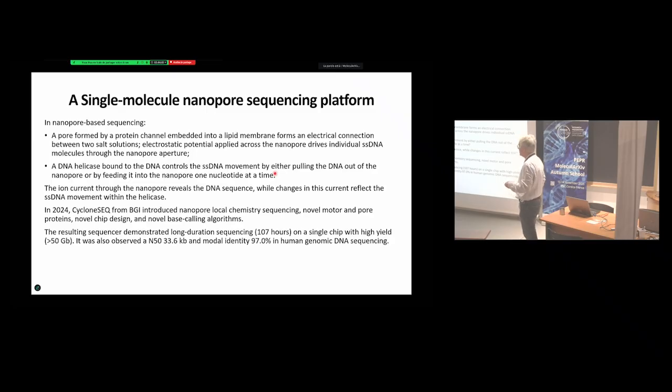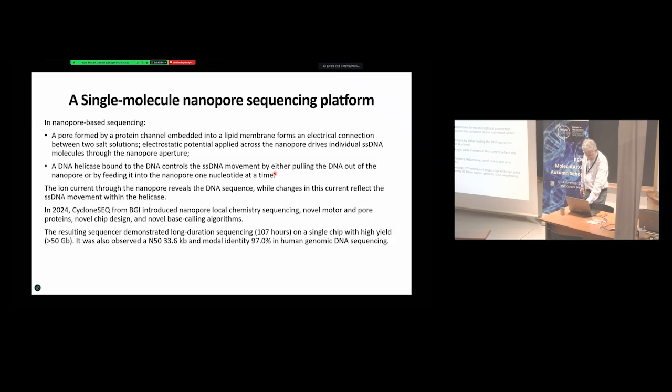So BGI is developing a system called CycloneSEQ, which is nearly exactly the same, except that they have modified the pore. They have modified the configuration in order to allow a higher amount of pores to be inserted into the membrane. So this is a novel chip design, and they are also developing some novel basecalling algorithm.